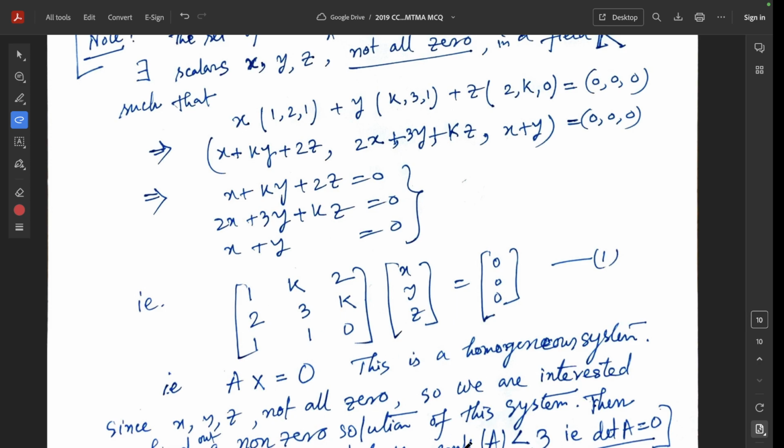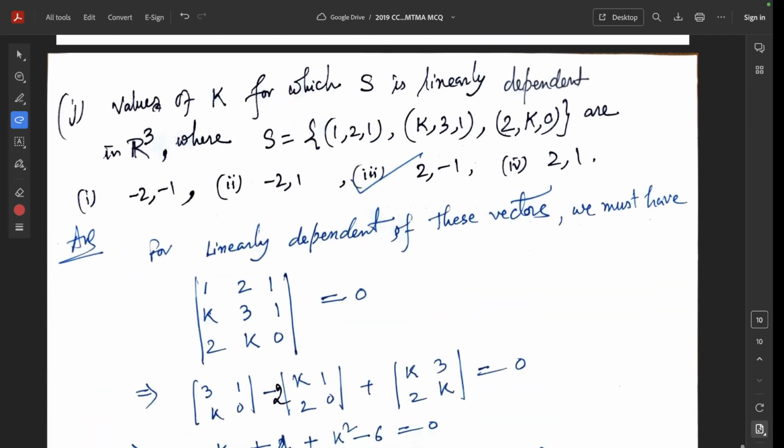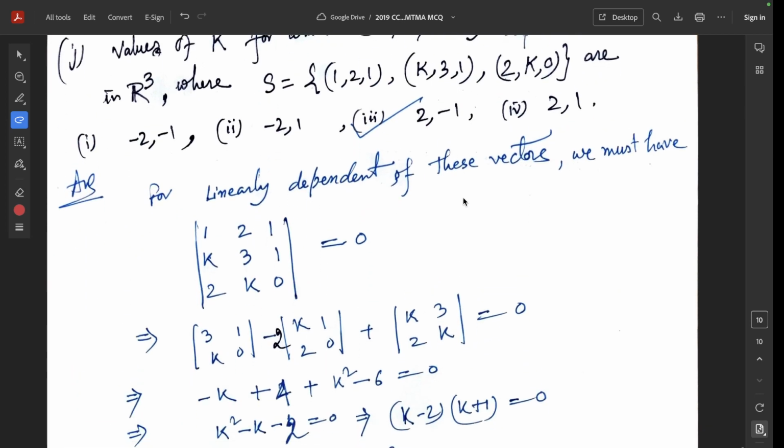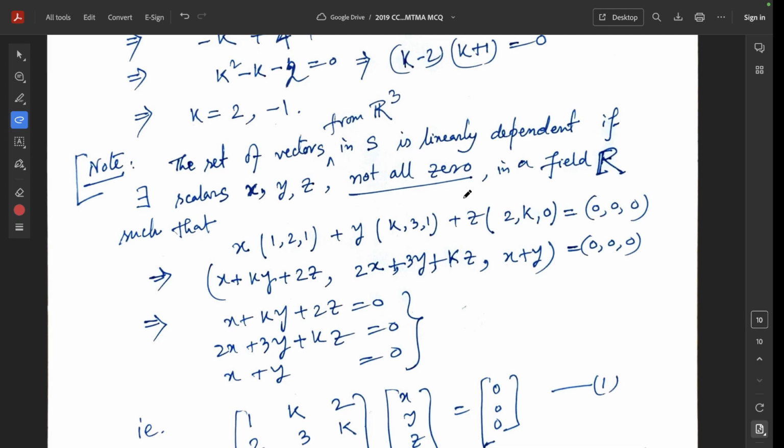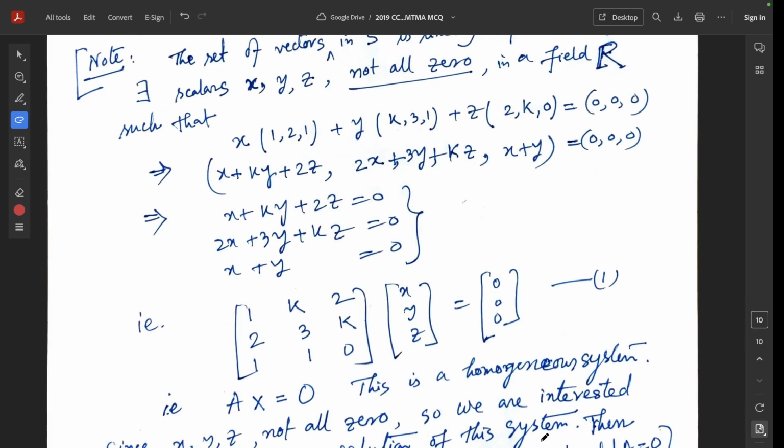So the determinant must equal 0. For non-zero solutions, that is for linear dependence, obviously determinant A must be equal to 0.